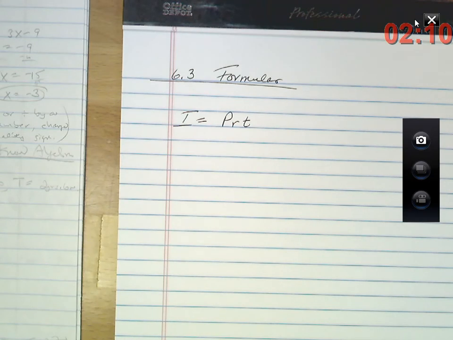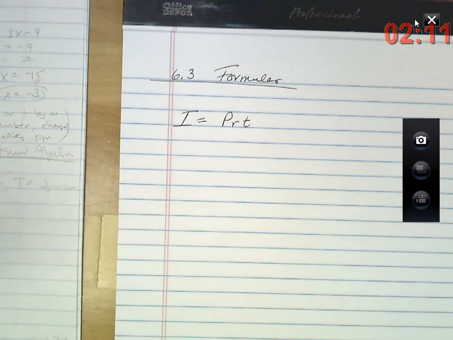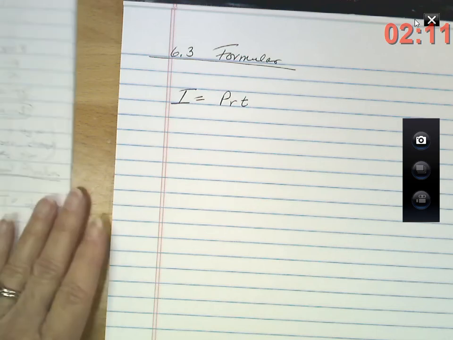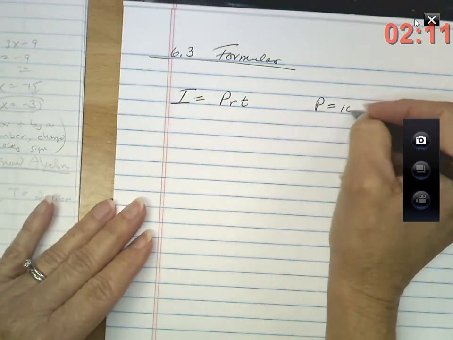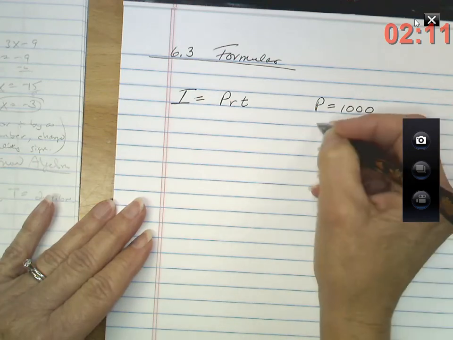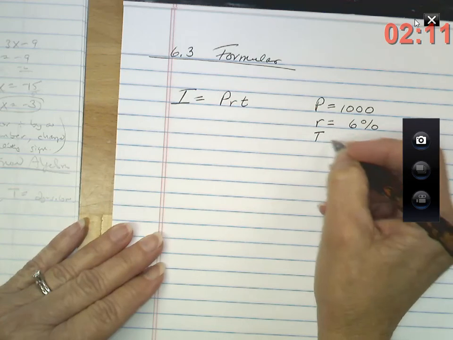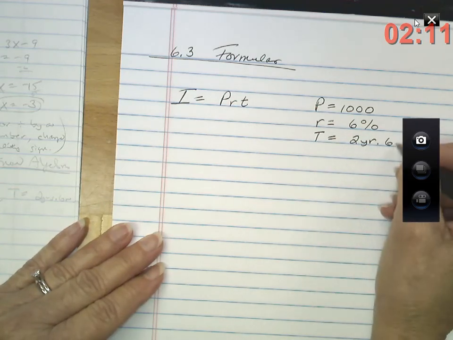Now, you can solve problems with formulas and not even know what in the world you are talking about. And there'll be some in the book that you'll be doing and you won't know what they're talking about. But if you can work algebra, then you can find the answer. Now, it says, suppose that the principal is $1,000, the rate is 6%, and the time is going to be 2 years, 6 months.